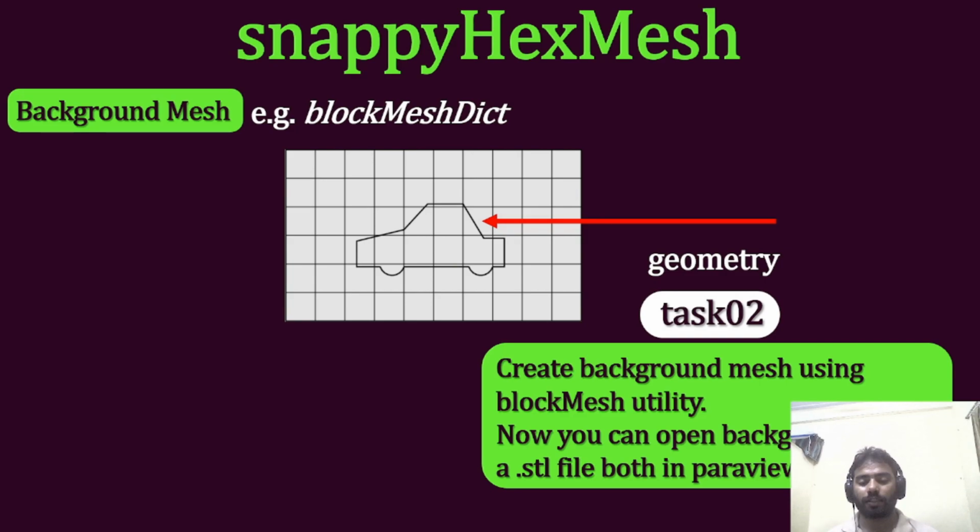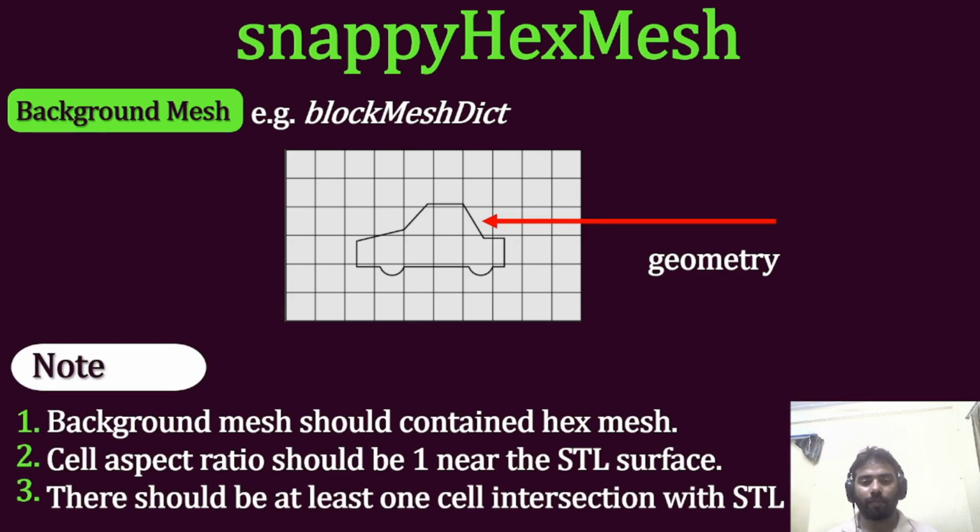So this is task 2 we are going to perform, and we should keep in mind that the blockMesh should contain the hex mesh, and the aspect ratio should be 1, at least near the STL file.